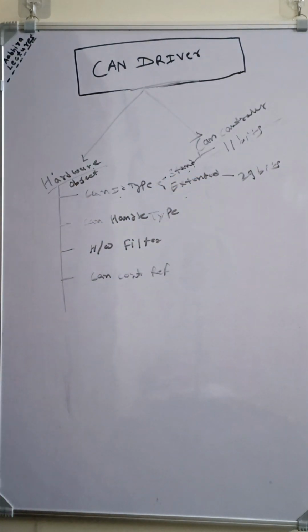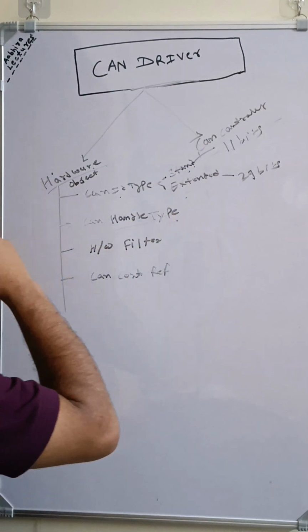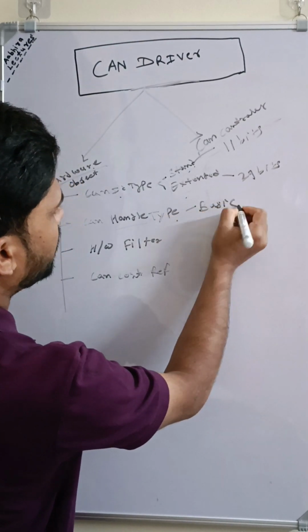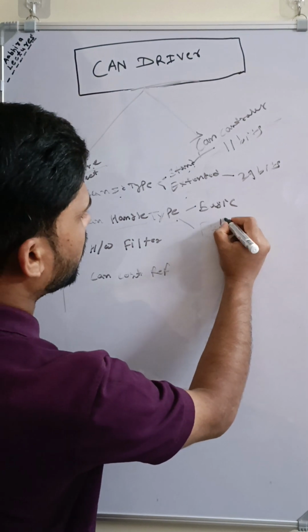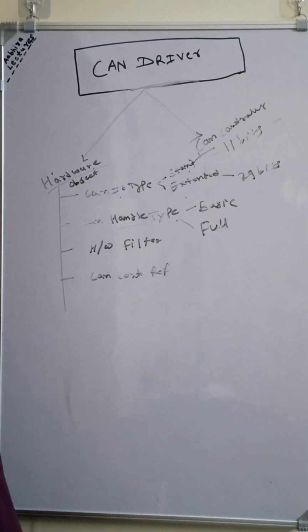Next we will configure the handle type. Handle type means whether it is basic or full. If we configure basic, there is one hardware object and many message IDs we are going to configure.